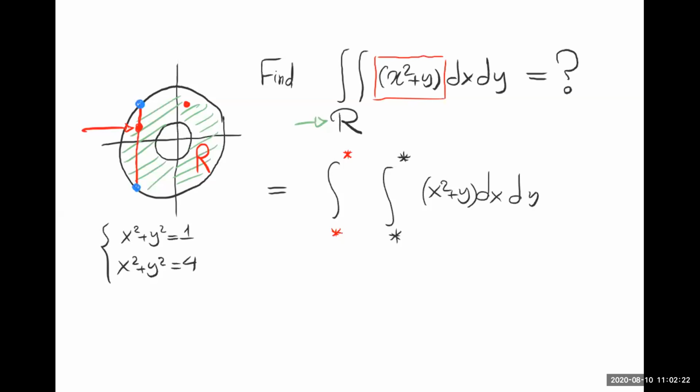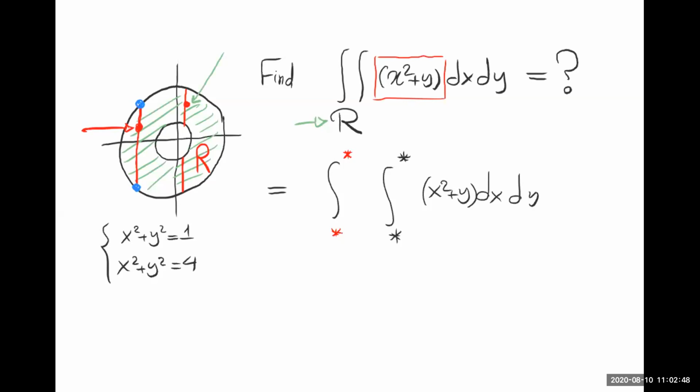But if you take your random point here, it would be either in this region or in this region. So the bounds really change based on the point I take, in a very strange way. It's very hard to say what the bounds for x and y are.